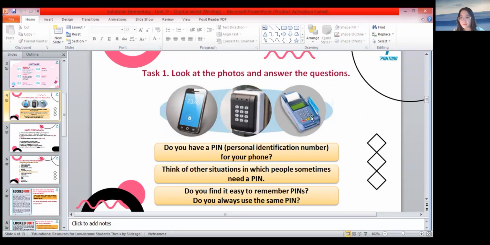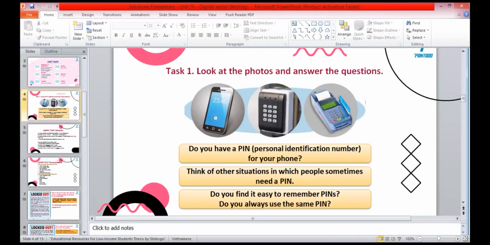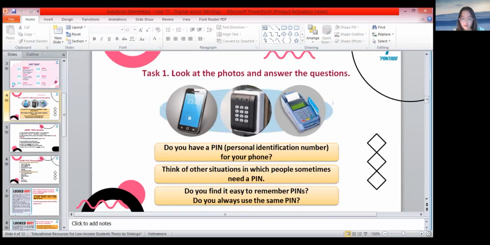Yes, it is the cash register. Exactly, the name of this one is the cash register.